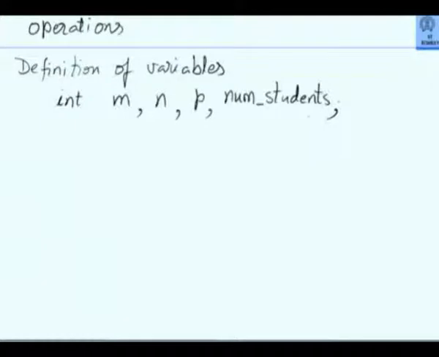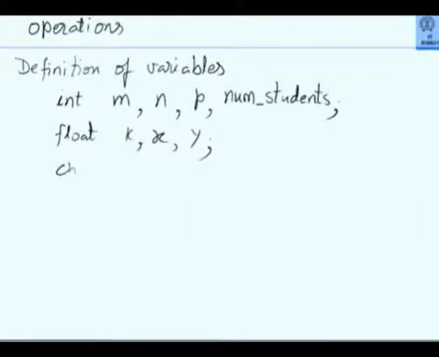Similarly, you can define floating point variables. How do I do that? What do I write? Float. And I could have, let's say, k, x, y, etc. Similarly, I can define character variables.